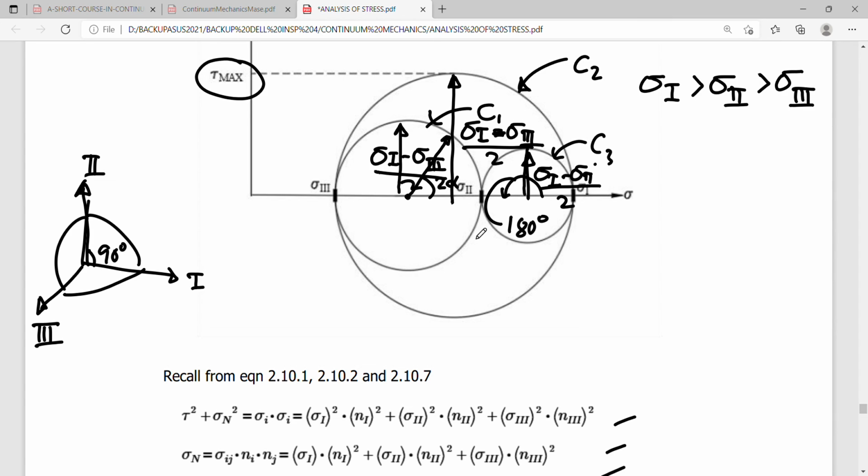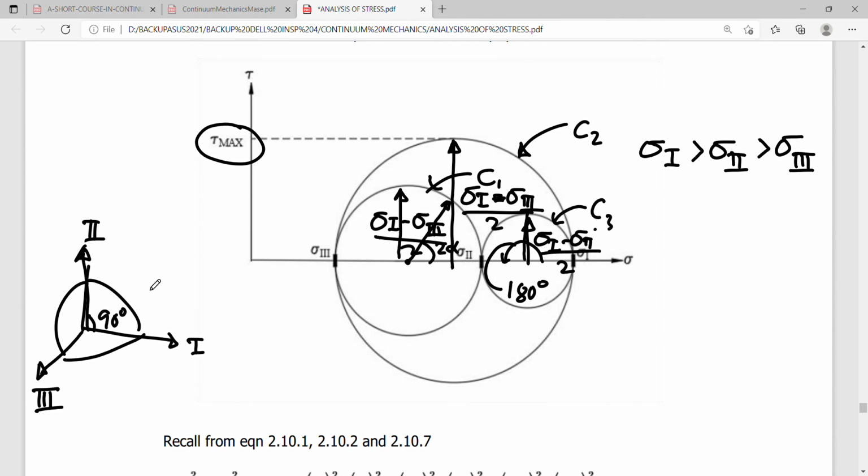So that is how the physical angle, the direction cosines, are manifested or represented in the two-dimensional Mohr circle graph.